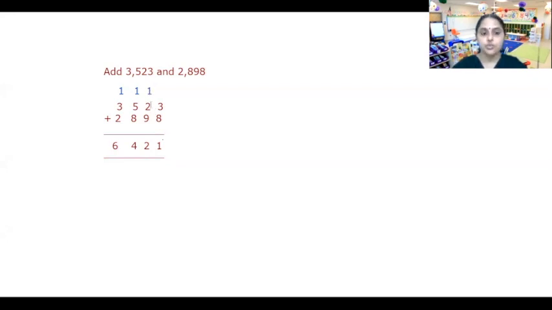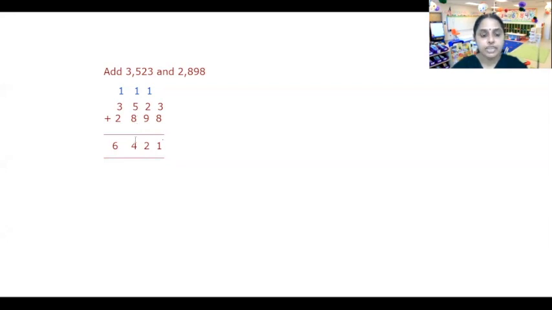Then 1 plus 2 is 3. 3 plus 9 is 12. So in 12, the ones place we write here and the tens place we give as a carry forward. And 1 plus 5 is 6. 6 plus 8 is 14.